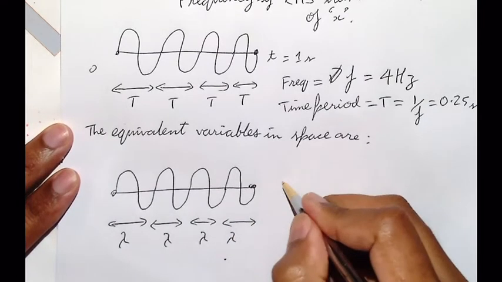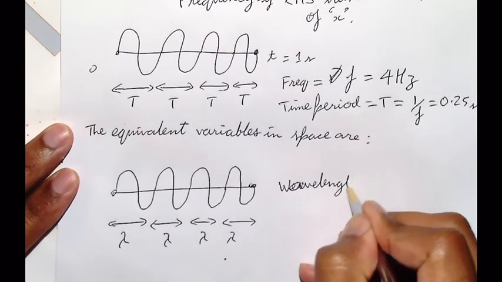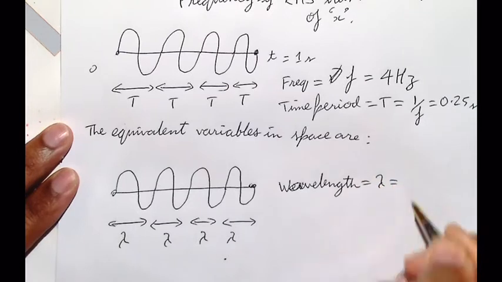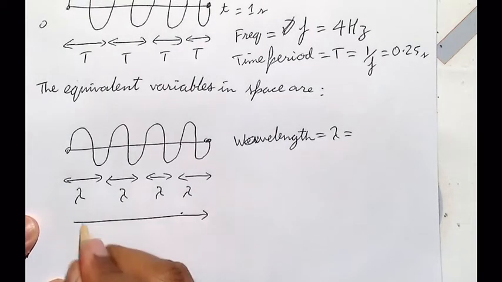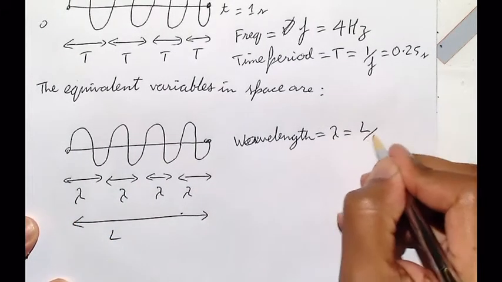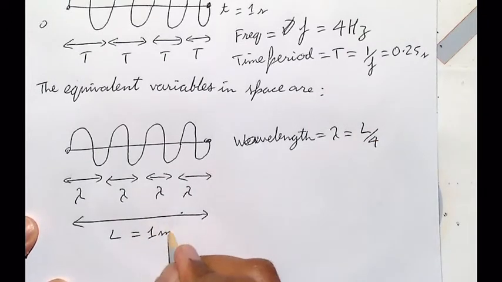Okay, let's see wavelength. Lambda is what? 0.25. 0.25 what? No units. Yeah, I didn't give you anything, right? So let me say this is L. So lambda is L over 4. We can say this is 1 meter.